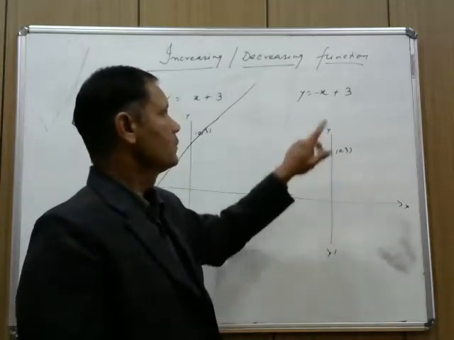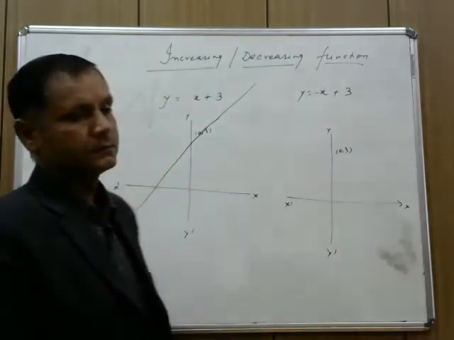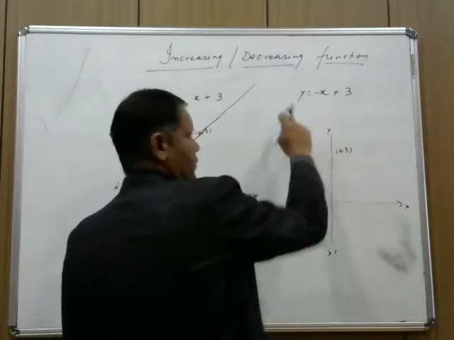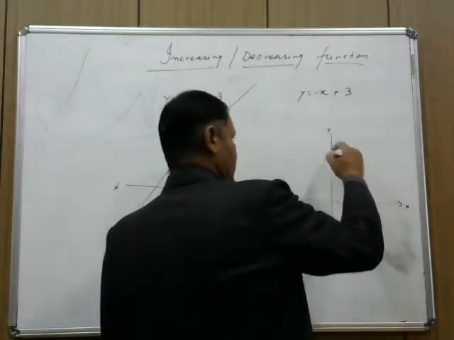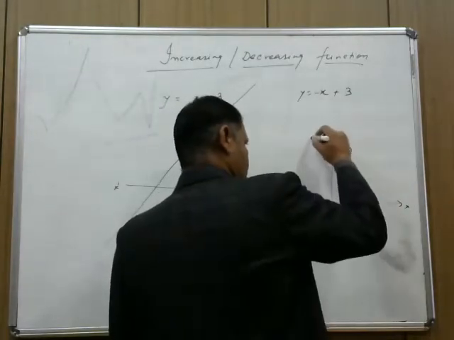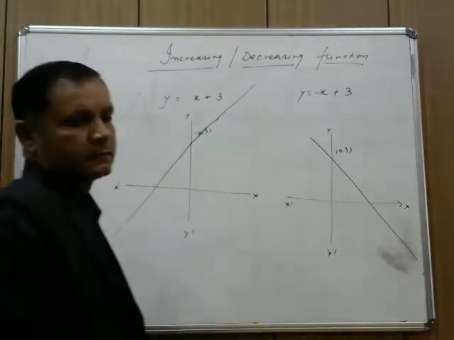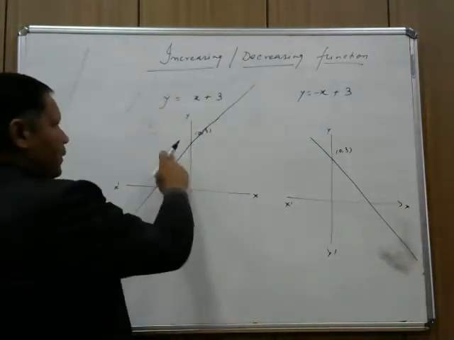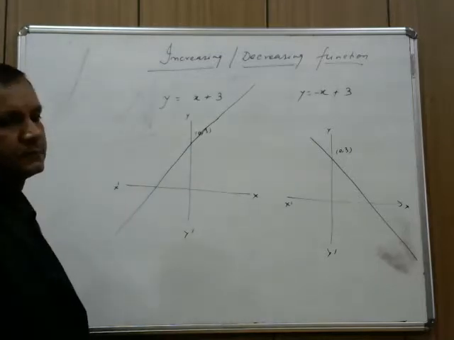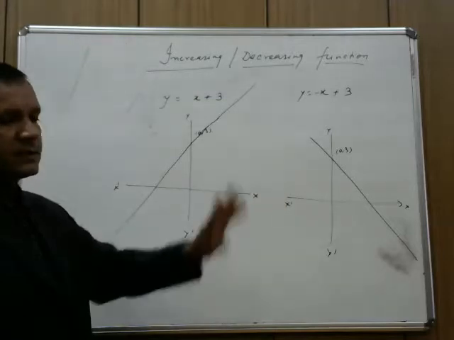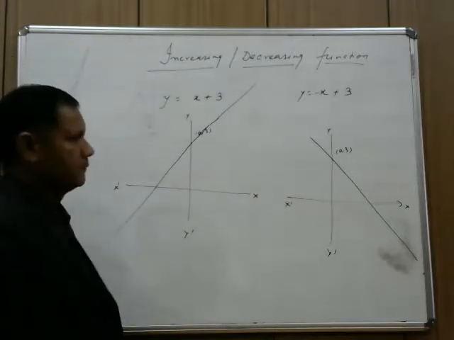Another point, if I put y is equal to 0, then x will be 3. Then the line will go like this. Here the slope of this line is positive 1, and here the slope is negative 1.